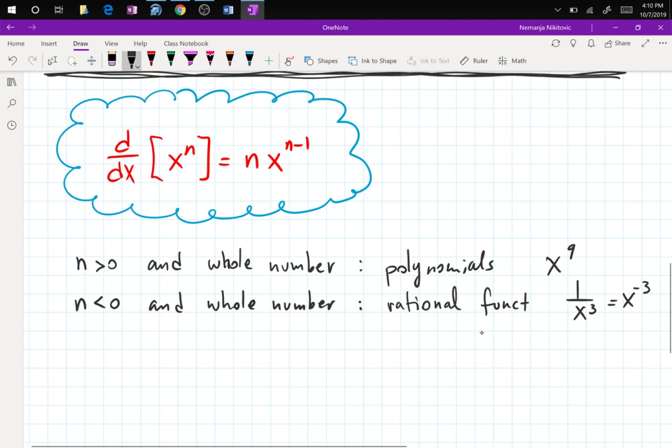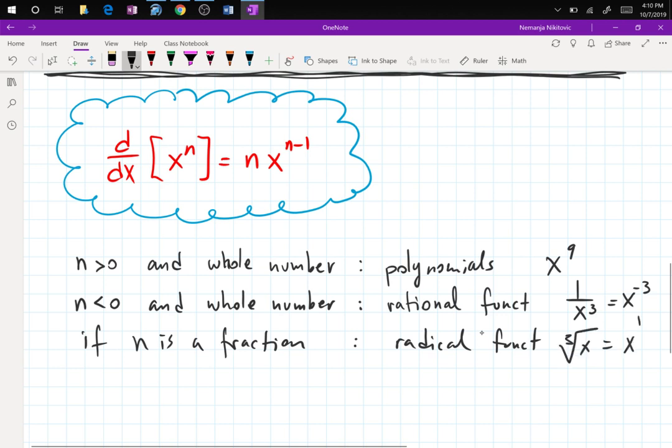You see that? And if n is a fraction, we have radical functions. So you have, let's say, something like this. That will be x to the 1/3.